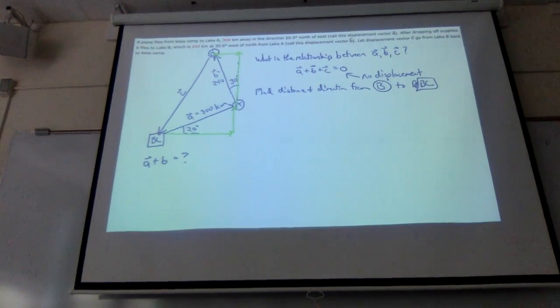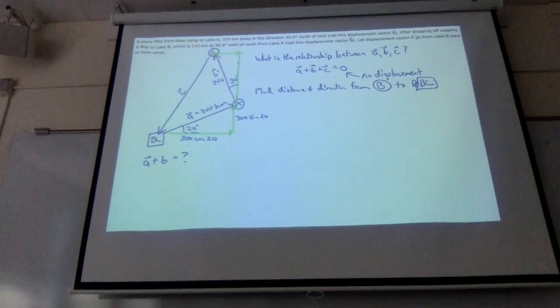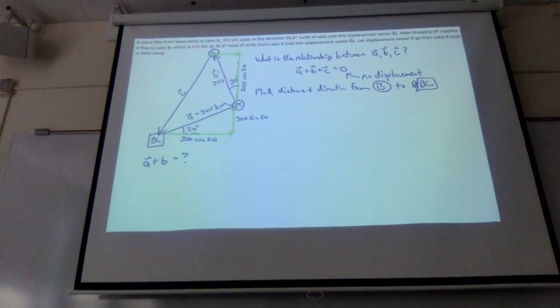All right? And we can do that by breaking these into components. So this side will be 300 times the cosine of 20, and this side will be 300 times the sine of 20. Look back at Tuesday's class if you're still a little worried about how you decide on which trig function to use. And then for that top triangle, this side will be 240 cosine 30.